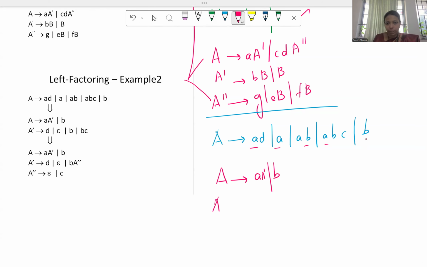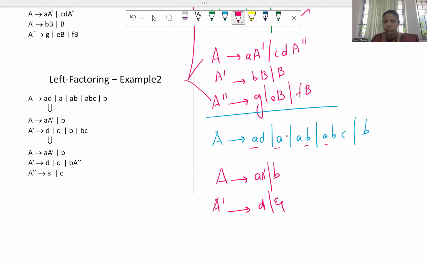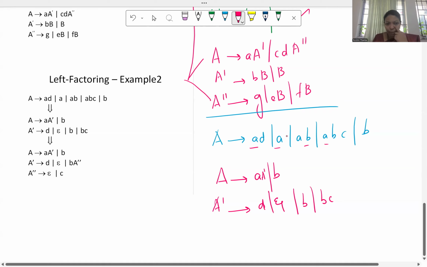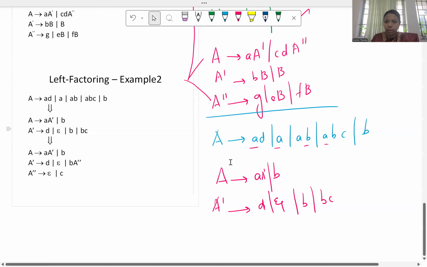Now what is A dash? Here it is b, and here after A there is nothing, right? So nothing can be represented as epsilon. And then b, then bc, and that's it, because this b is already written here. Now this is done.